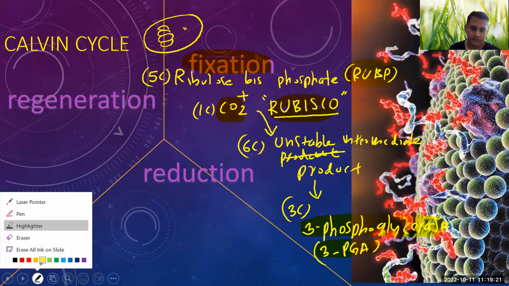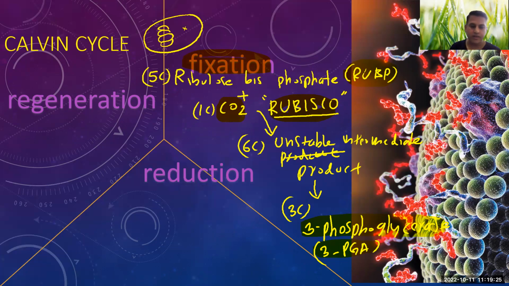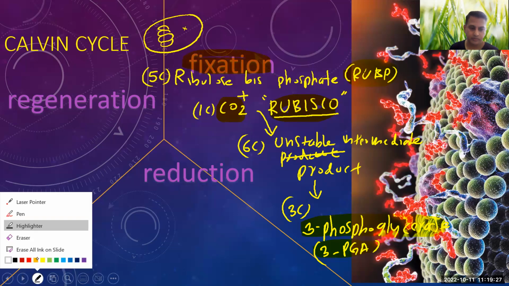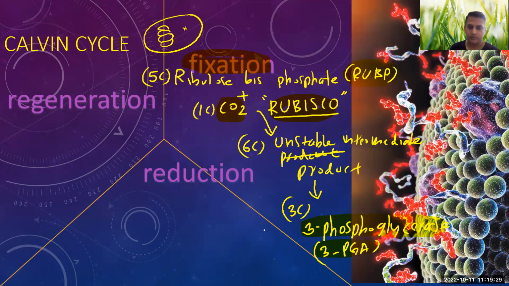After that, 3-phosphoglycerate is reduced to glyceraldehyde 3-phosphate.